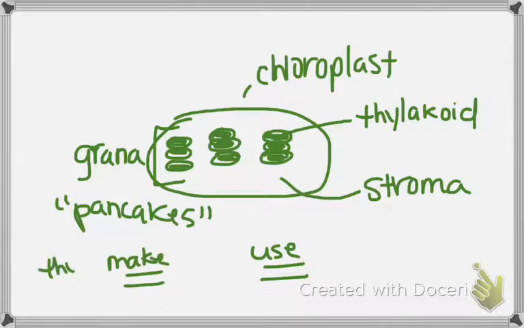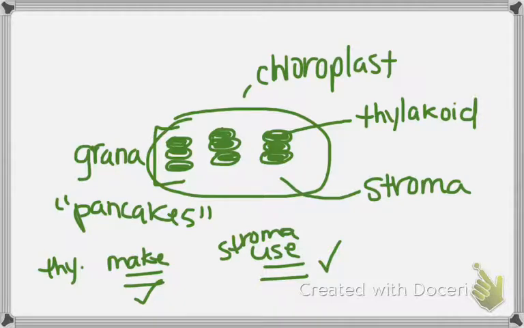So this is thylakoid. This is stroma. Because it's very different to make something than to use something. You can make pancakes, but it's very different to make pancakes and to use pancakes as an energy source, because your tummy's grumbling and it's breakfast time.